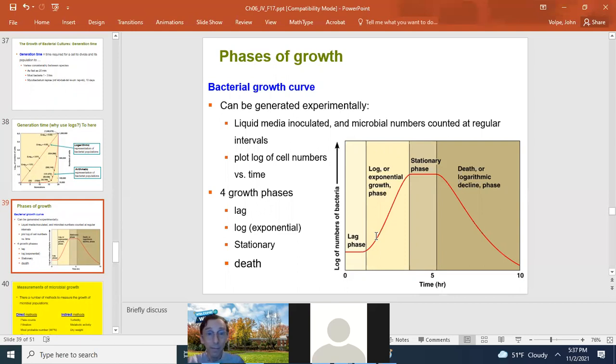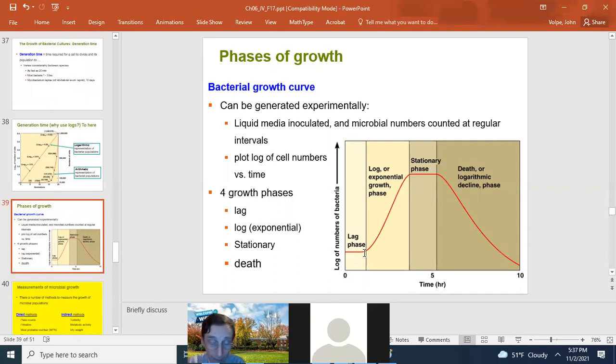You normally have 4 growth phases where the number of bacteria cells are on the y-axis and the time is on the x-axis. Initially, when you take the cells out of one media and put them into another, there's going to be a lag phase.